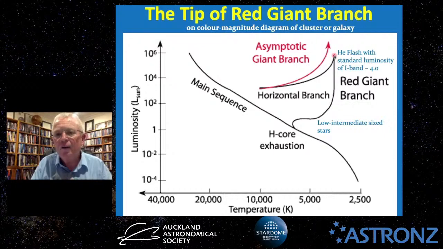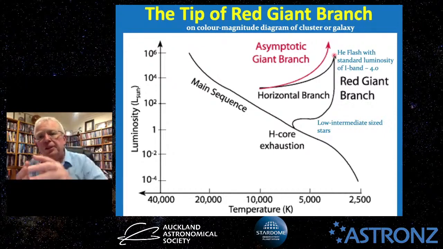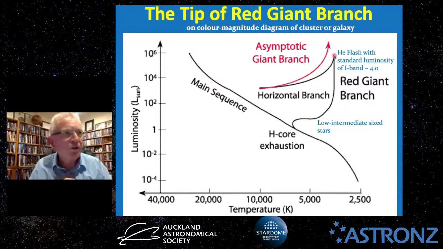They understand the astrophysics processes that are going on, where it's very much a standard luminosity that the stars undergo. I've written here the I band. The I band refers to light in the near infrared, just below the visible light. They typically like to look at the red giants in that I band, and it's pretty standard luminosity. They'll all be roughly a magnitude of about minus 4.0 in the near infrared.